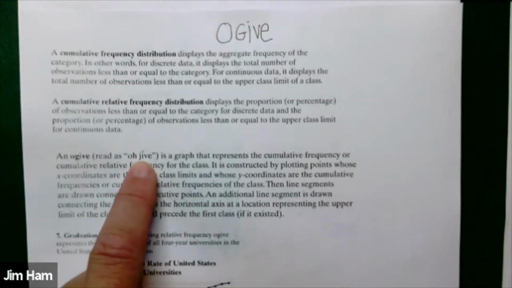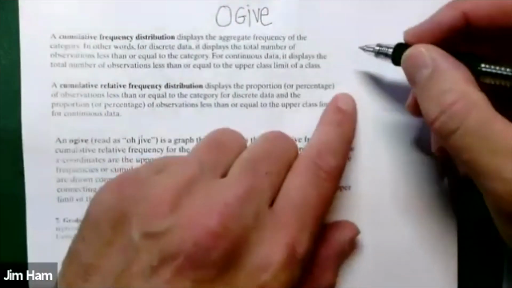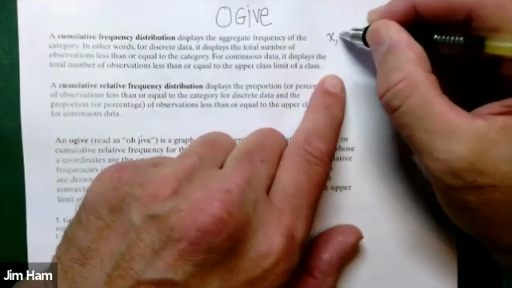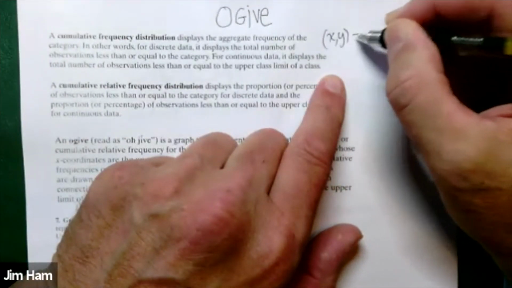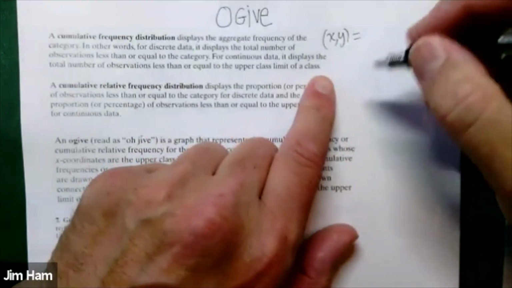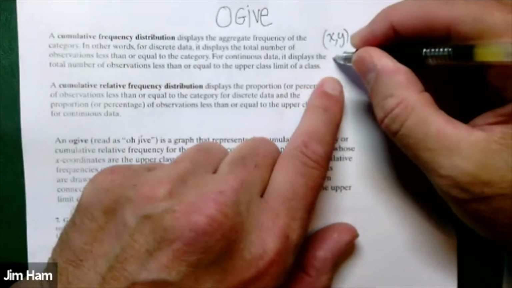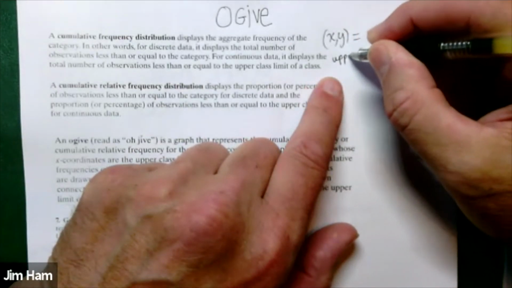So the next graph is an ogive. It's an XY graph, so all we have to do is, for each class, identify what the X is and what the Y is. And so the XYs that we are going to plot, the X version, of course, is an x-axis variable, and it turns out to be the upper limit of the class.